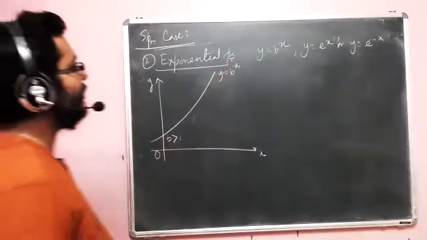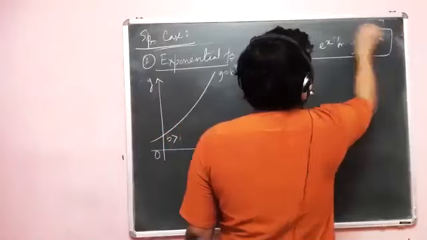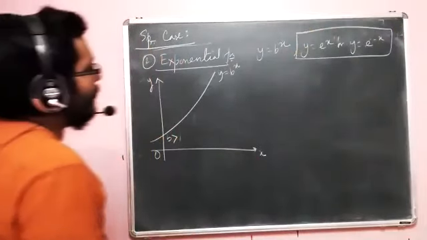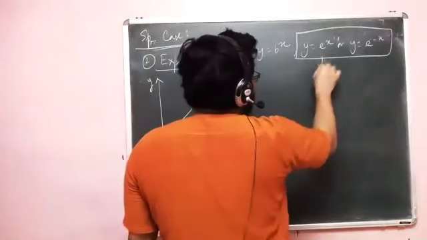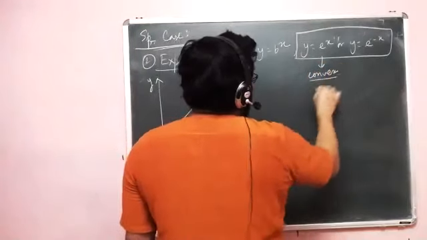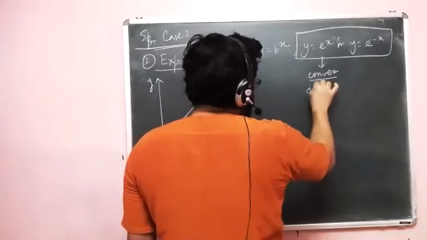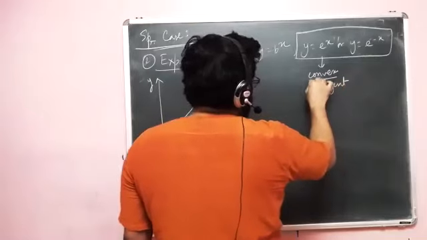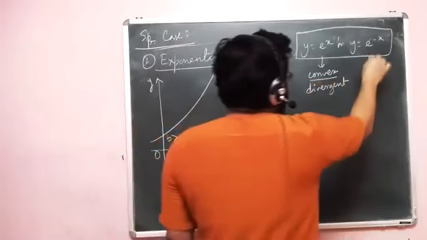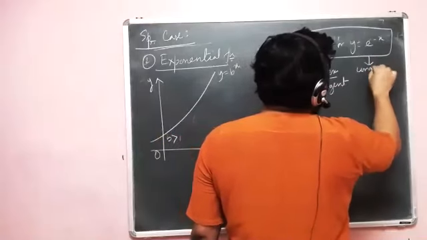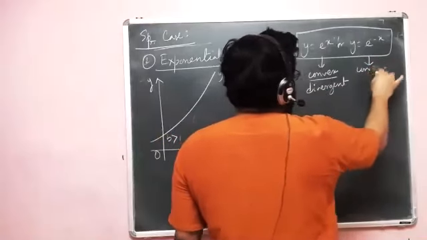And if we look at these two also, this one is convex, and sometimes we call it divergent. It's not that this one is not convex, this one is also convex, but the shape is slightly different.